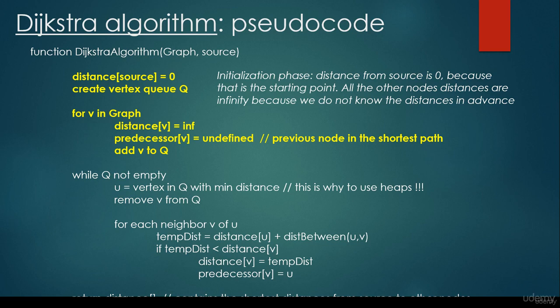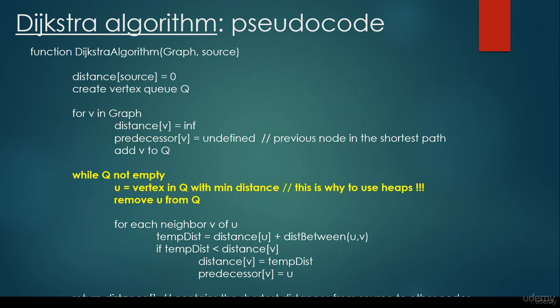So we have this queue, the priority queue abstract data type. Then we have this while loop, as we have seen for breadth first search and depth first search. While the queue is not empty, we are going to get the vertex from the queue with minimum distance. This is why to use heaps, because for heaps we know for certain that the minimum item is at the root node.